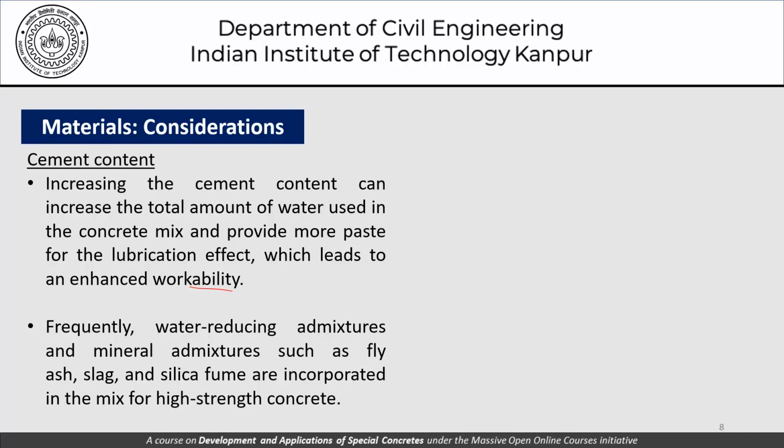Frequently, water reducing admixtures and mineral admixtures such as fly ash, slag, and silica fume are incorporated in the mix for high strength concrete. Now, what the addition of these mineral admixtures does is reduce the cement content and at the same time increase the paste content in the concrete.